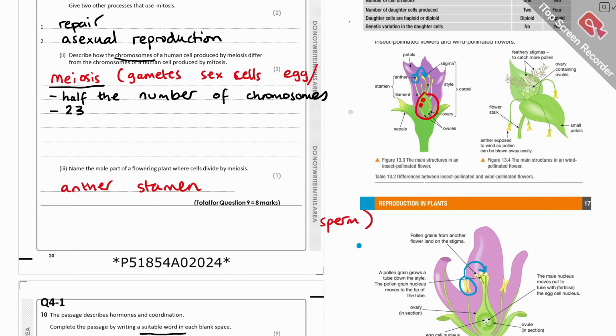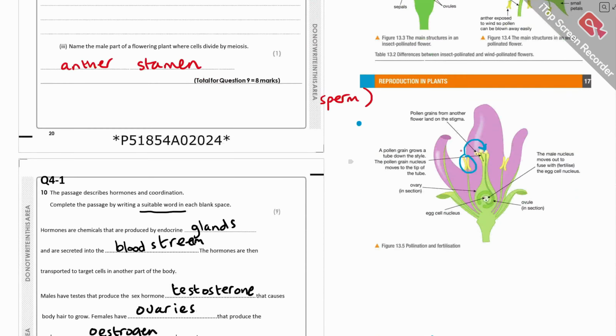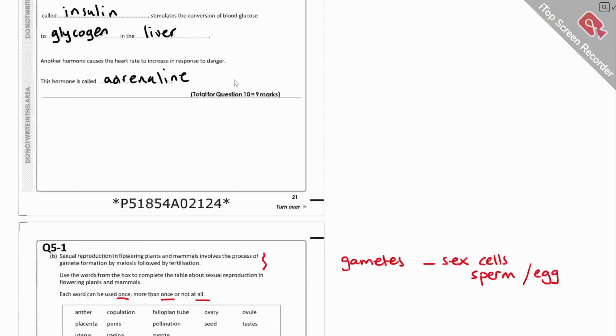In that, you've got the ovules, and these are like the egg. So if you have a closer look, ovary, and you'll have ovules here. Okay, that's good.